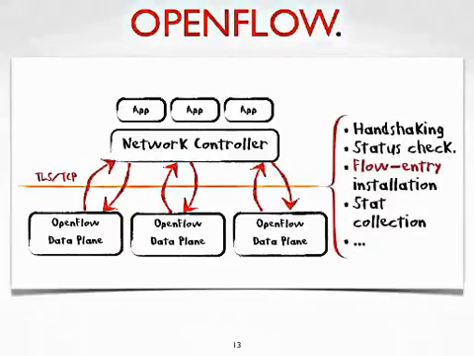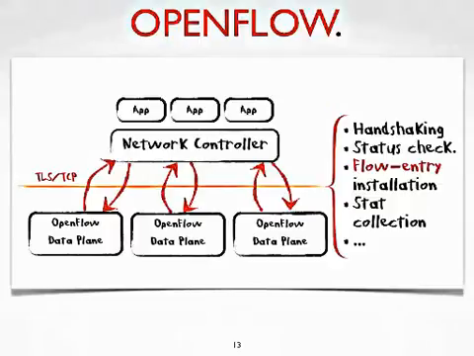Just in brief, I will get into details of each of these items, but what OpenFlow provides is a handshake. An OpenFlow switch can handshake with a controller, like, hello, I'm the switch, I have these features, I have this many ports. The controller can also check the status of the ports and the switch, collect stats, and install forwarding rules.